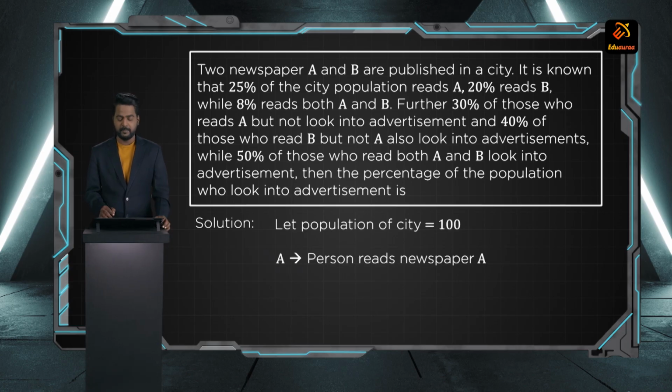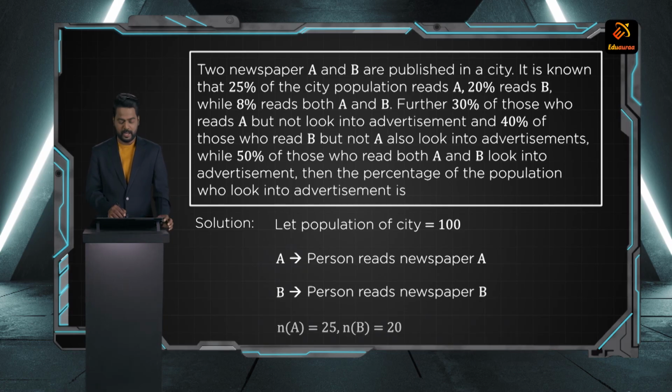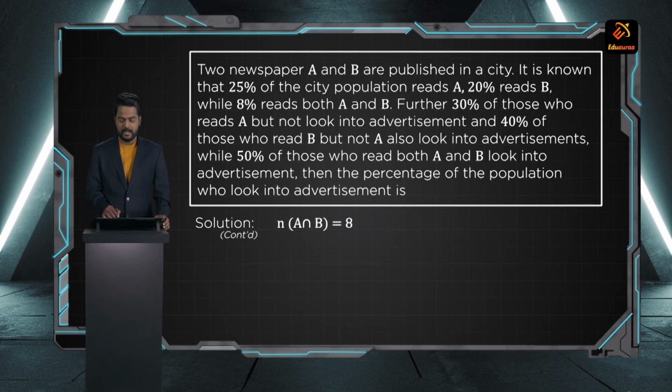Now consider the population of the city is 100 and A is the event that the person read newspaper A. B is the event that the person read newspaper B. So n of A will be 25 because it is 25%, and n of B will be equal to 20 because it is 20%. And n of A intersection B will be equal to 8. So now I will find first n of A intersection B dash.